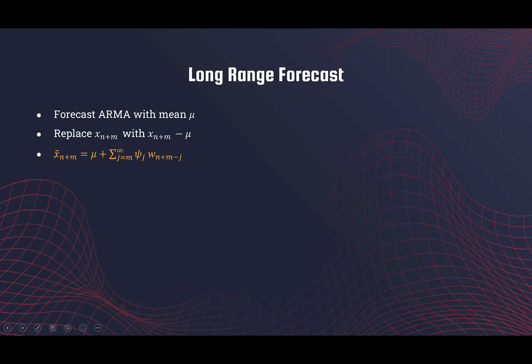If you go by that, we know that x tilde n plus m is just the mean plus this. I'm just adding this mu into this equation. So this is now the predictor, and now the weights, the psi's, they dampen to 0 exponentially, so they converge to 0 as m goes to infinity.